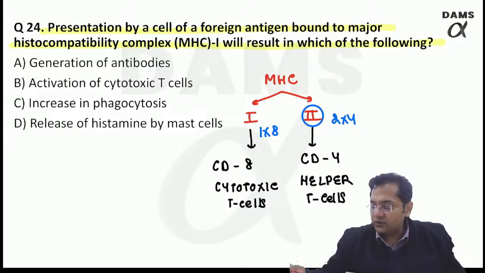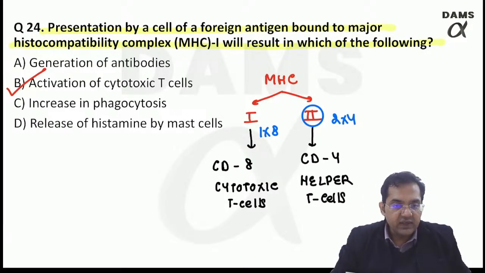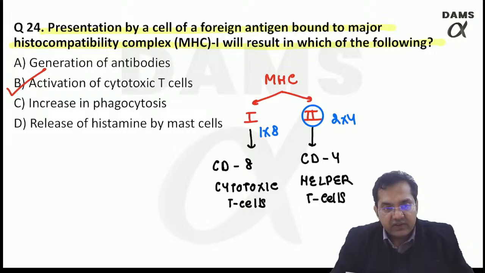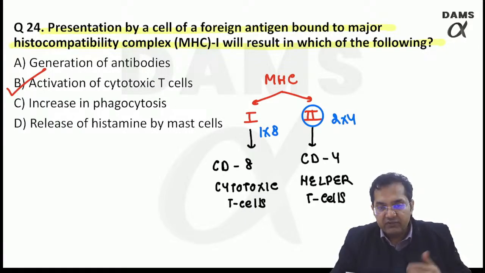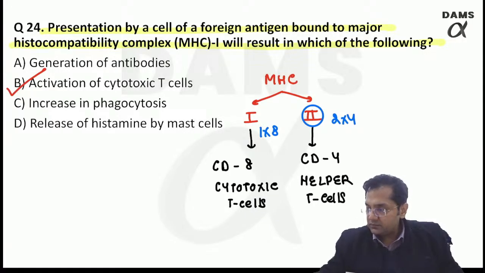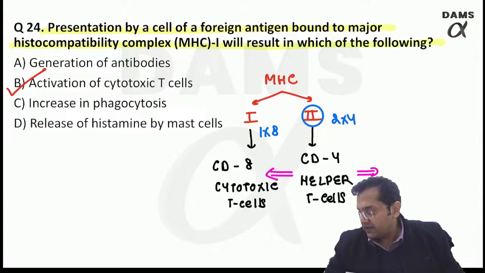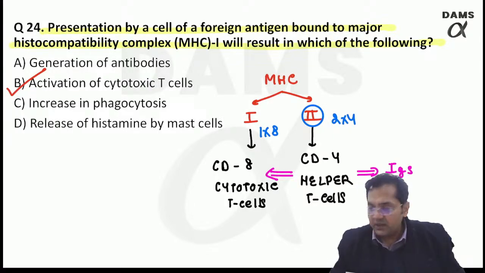So what should be the answer? Activation of cytotoxic T cell. Naturally, helper T cells will help in the generation of antibodies and will also activate further cytotoxic T cells. So helper T cells do this, and they can also help in formation of immunoglobulins, right? Antibodies.